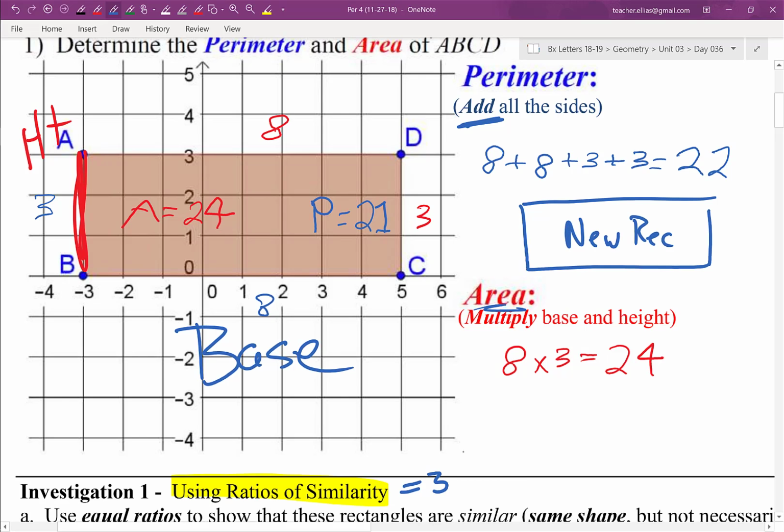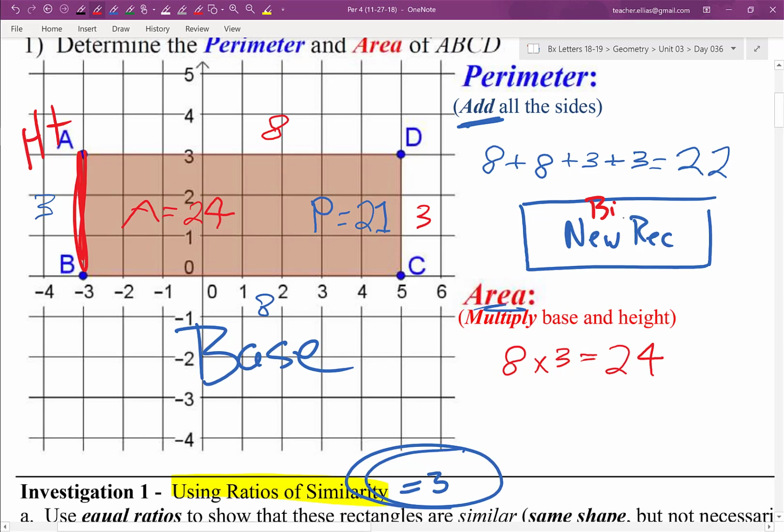What could you tell me about this new rectangle? Matthew. I think the perimeter will change. Yeah, let's get simpler. I want to save perimeter and area for last.